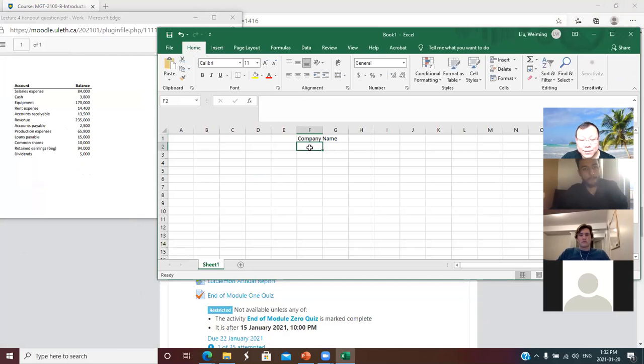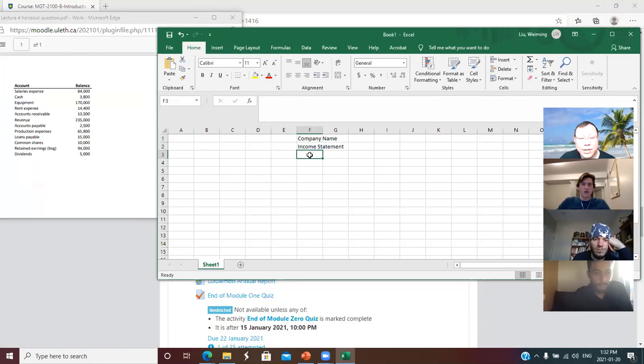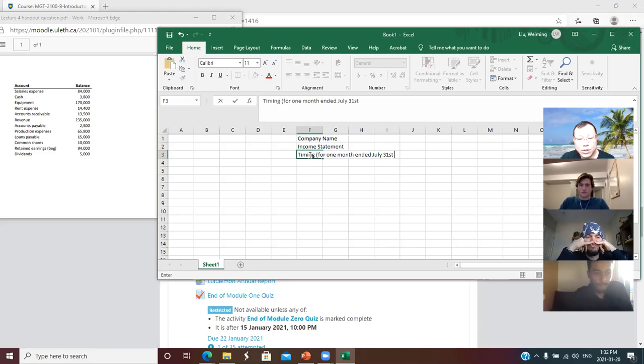And then you're gonna say this is the income statement. I don't know the timing, it was not given in the information. Maybe for 1 month, ended July 31st, 2020. I'm just assuming, right? So that's the heading, and then you want to start with revenue.